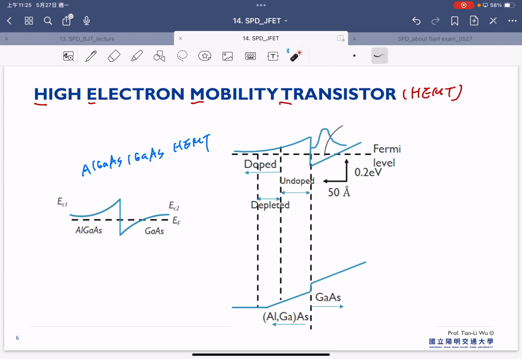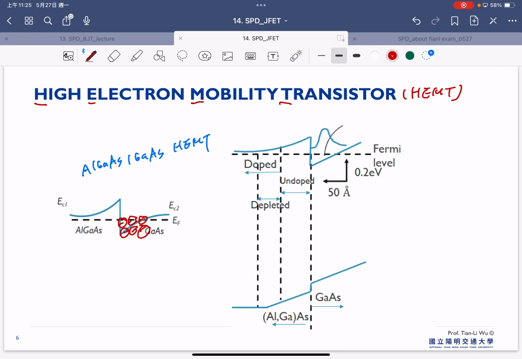This is our conduction band. But right now in this place, the conduction band is below our Fermi energy. That means this is a place full of electrons. And these electrons are well confined in this small place with very high electron density.